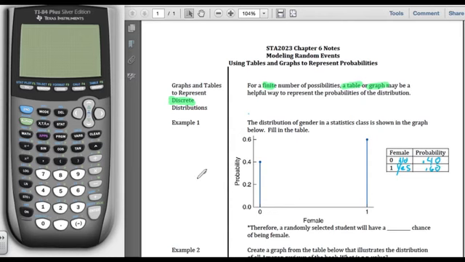And we can say, therefore, a randomly selected student will have a 60% chance of being female. We can use this table to show the probabilities: 60% are female, 40% are not. As well, we can use this graph to display our probabilities. There are only 2 possibilities here. So we used a table and a graph.